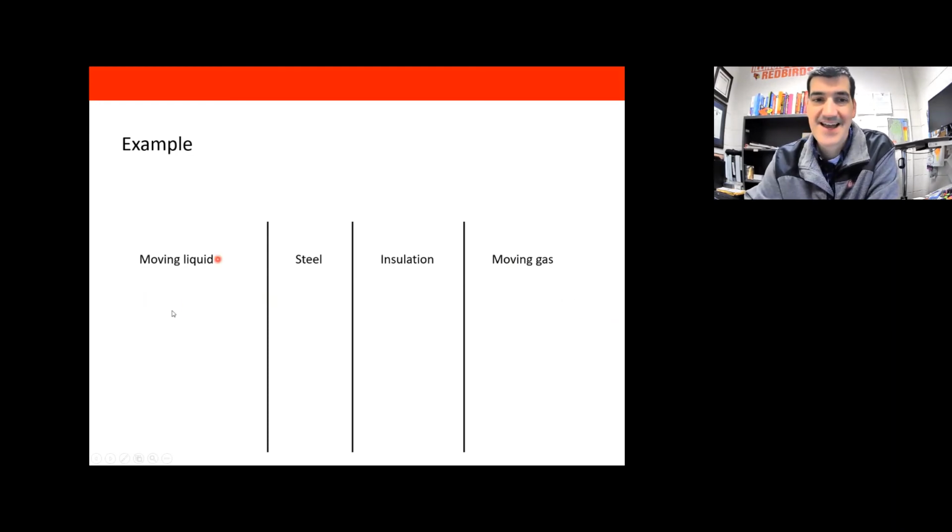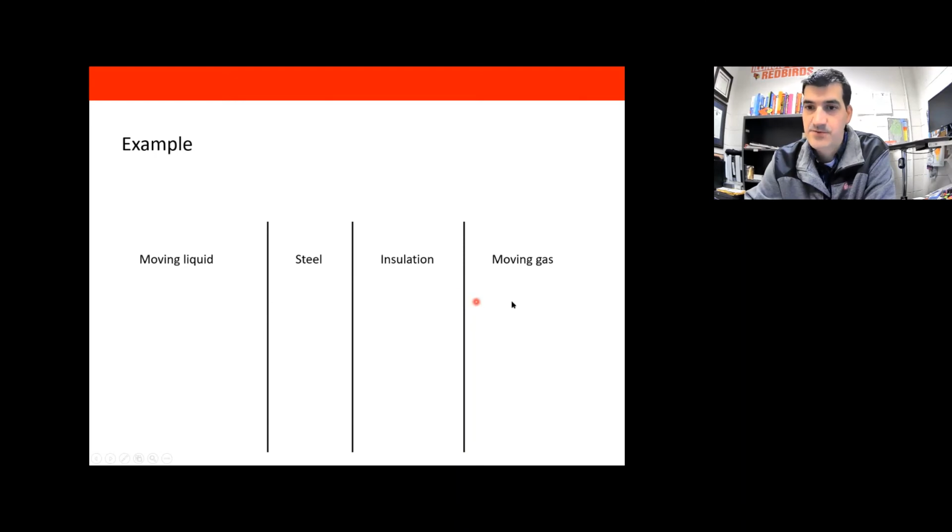All right, so because it has to go through one, then the other, then the other, then the other, these are all in series. So if I were to draw this thermal resistance network, I would draw 4 resistances in series. The first resistance would be the convection from the moving liquid to the steel. The second would be the conduction through the steel. The third would be conduction through the insulation.